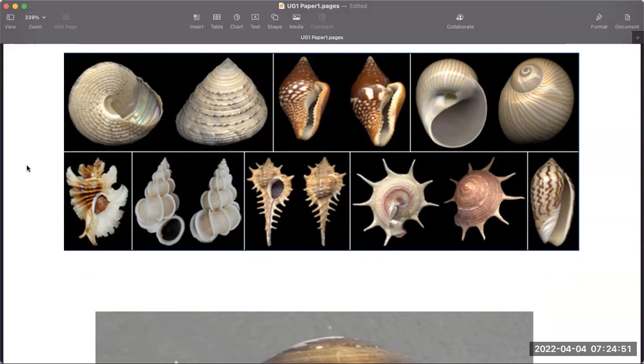This is Gastropoda. Gastropods are marine, some are freshwater, some are terrestrial, and few are parasitic.